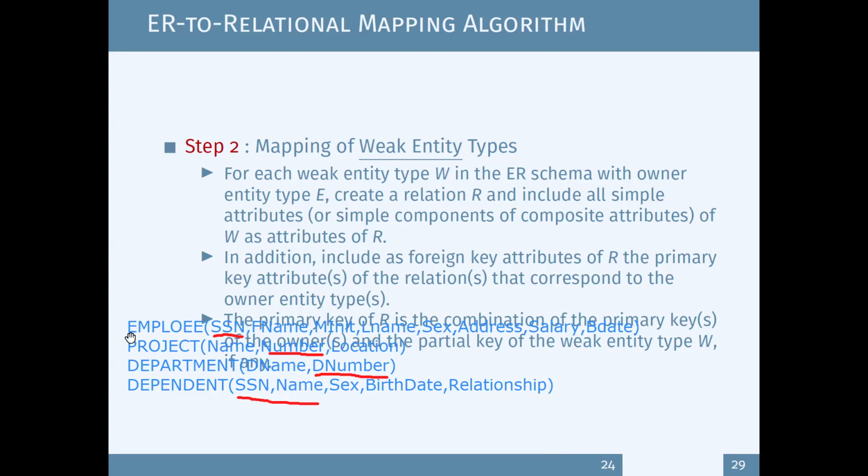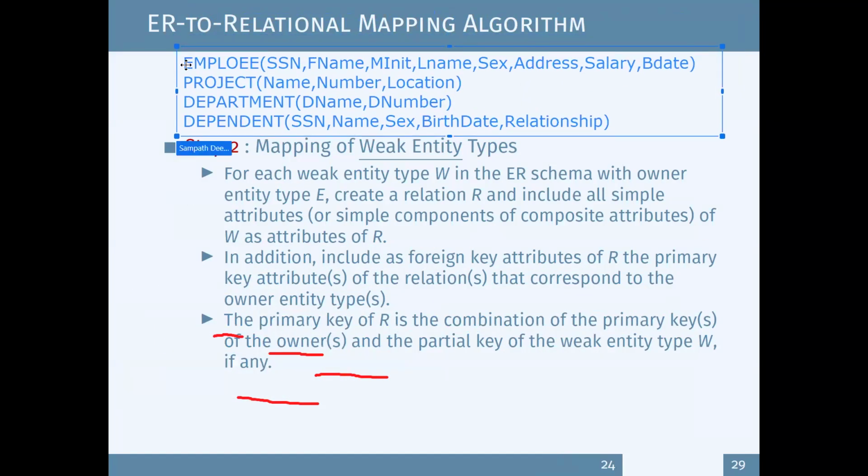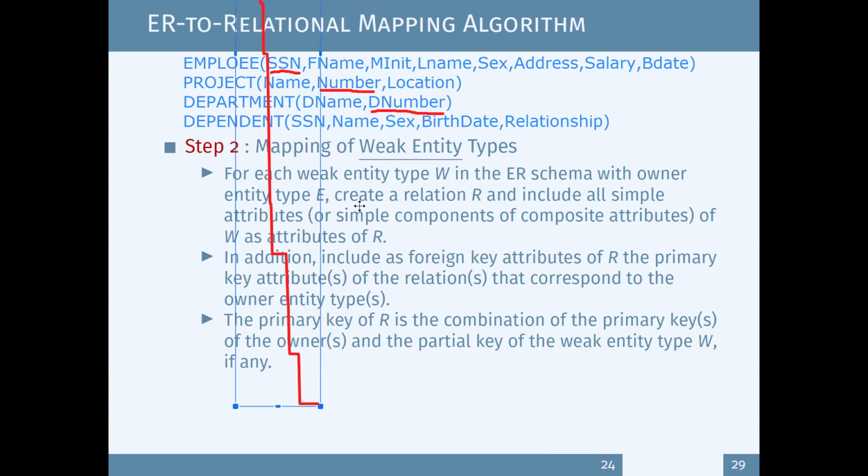Okay, let me go back and revisit what we did. So what we did, basically, we got all the attributes, regular ones, all the simple attributes we have listed, right? And then we find the primary key, one of the key attributes, and we select them as a primary key.